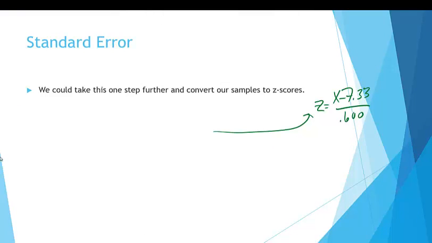So now what we can do is actually take this one step further and convert to z-scores. Okay, remember z-scores. We're standardizing our error by converting it into z-scores. Our z-score formula was x minus x bar over the standard deviation.